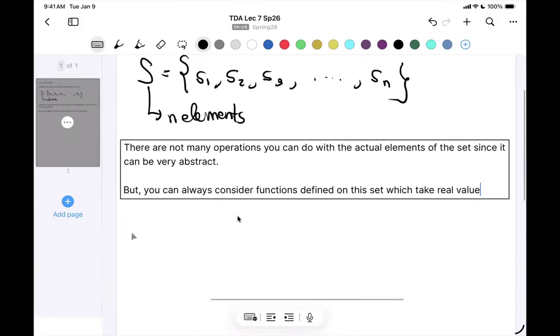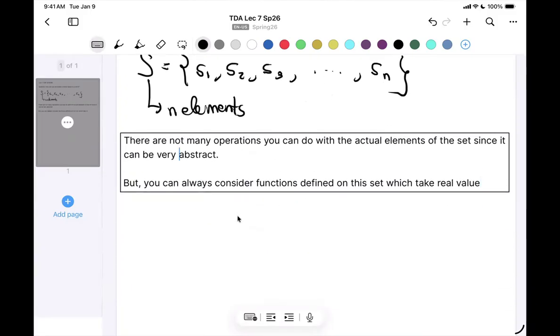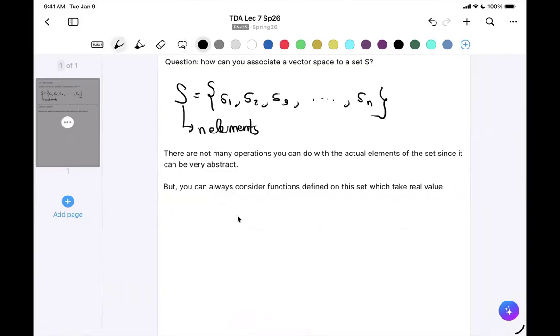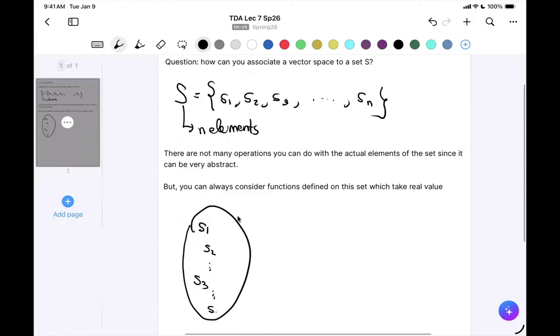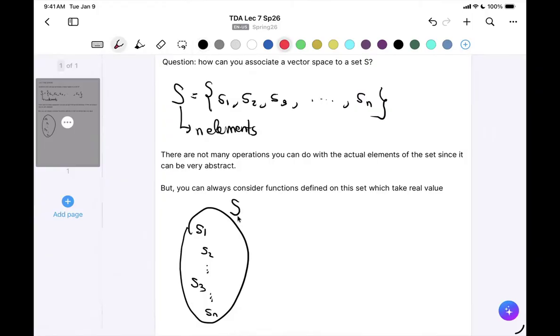Imagine the set represented with a Venn diagram, where you have n elements as your set S, and then you have the number line, the real line.